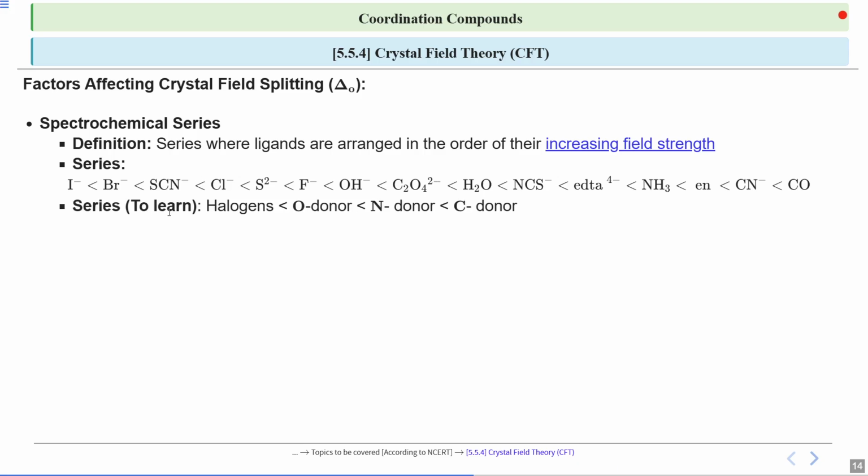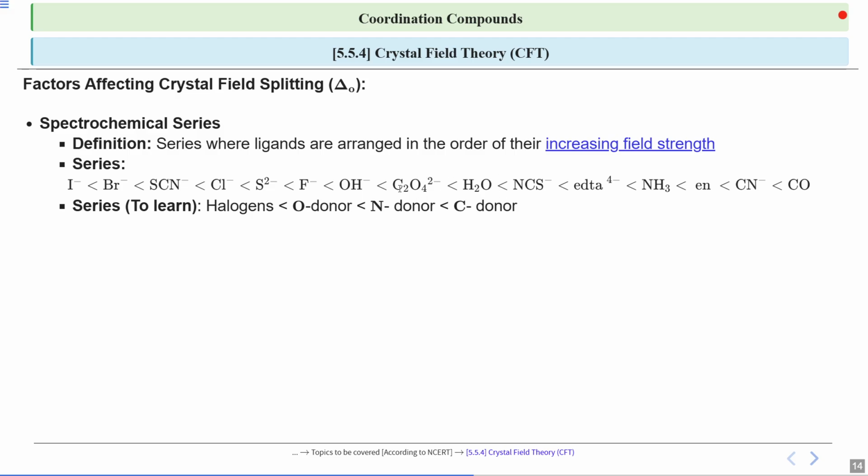How can you learn this series? You can learn it in this manner: first the halogens came, right? In the weak field we have iodide, bromide, chloride, and fluoride. Then we have oxygen donor ligands like hydroxyl, C2O4 2 negative, and H2O.